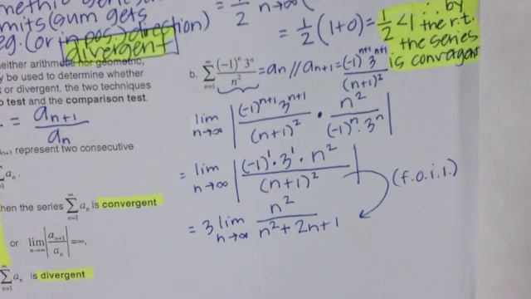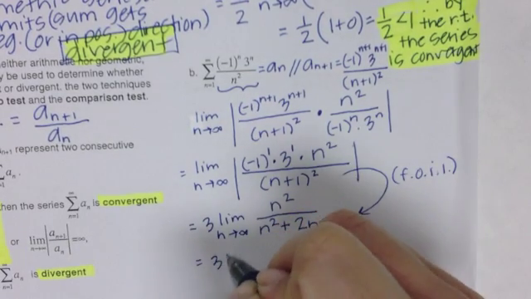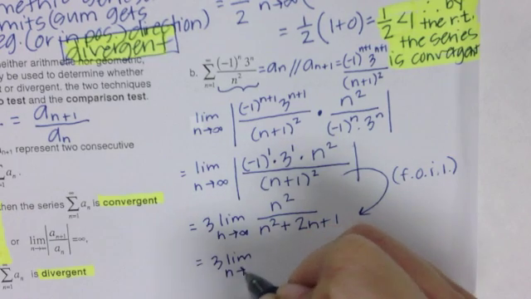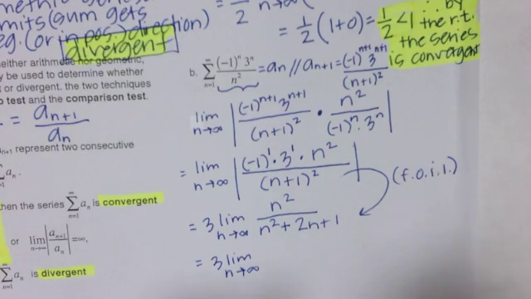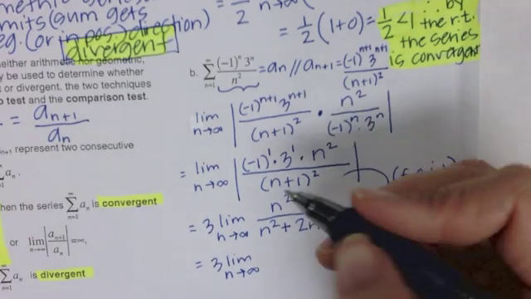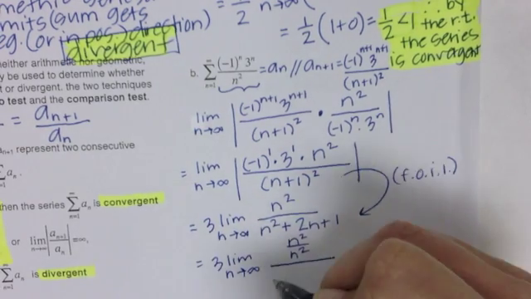Okay? And then what do we do? Same thing from last lesson. Because there's more than one term in the denominator, I'm going to divide everything by the highest power of n. So this is n squared over n squared.